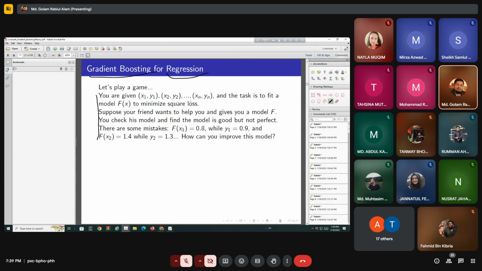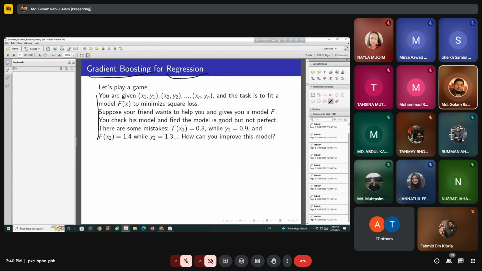Regression tries to predict the exact value, a numerical value. For that, we need to consider weak learners, and then we will try to find the strong learner.